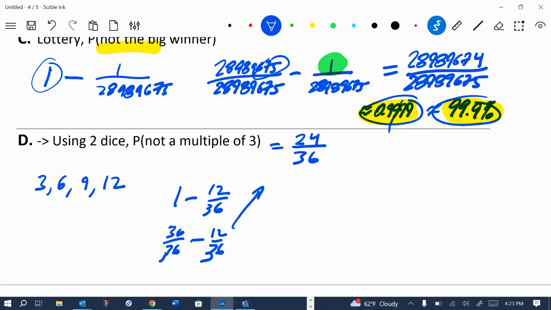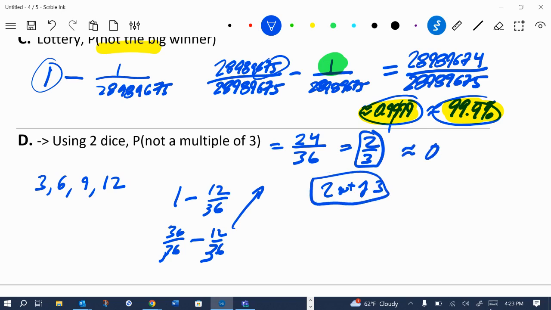And we are right back there with the 12 over the 36, which of course reduces to 2 over 3. So you can do 2 out of 3 chances. Or we can make that a decimal, but it's an approximation, 0.66 forever. I'll round that to 0.67, which gives me 67%, or 66.7%.